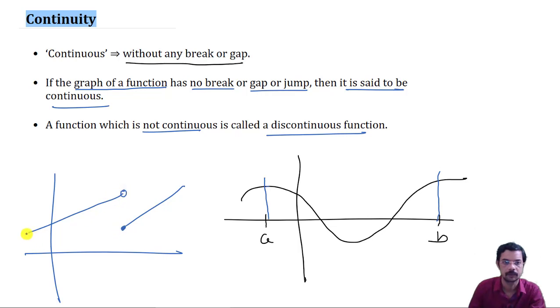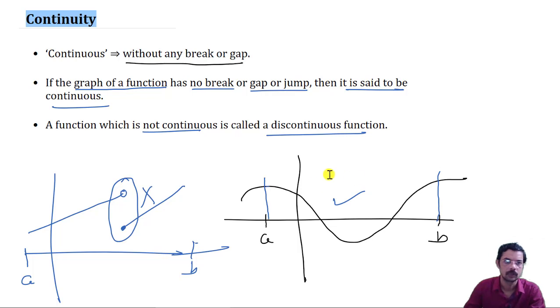So if it is moving from A to B, it cannot go till B without jumping this point. So the graph breaks at some point. If there is a break occurring in the graph, then we say that the graph is not continuous or the function is not continuous. So this is a not continuous function, this is a continuous function.